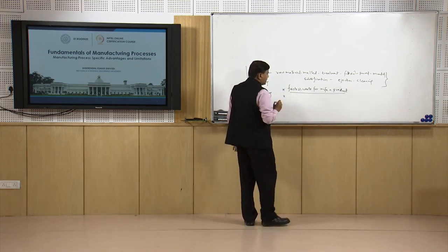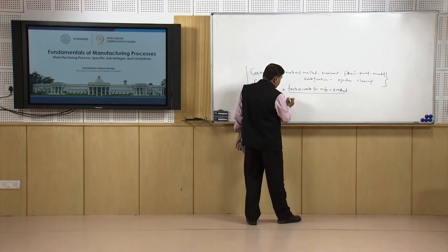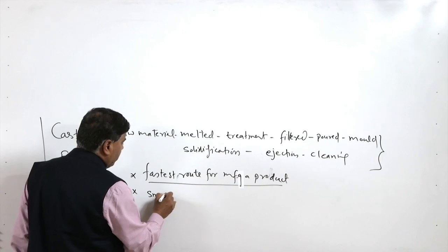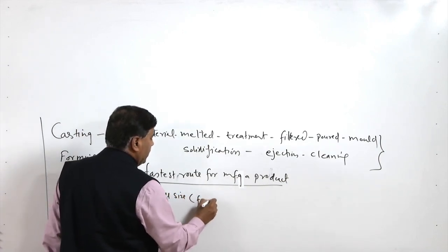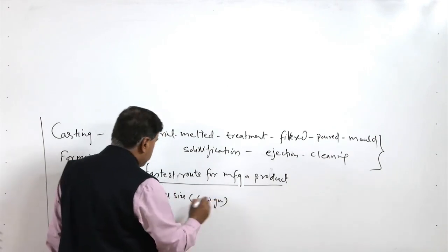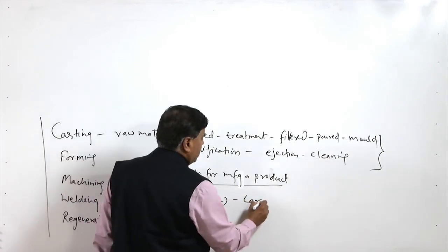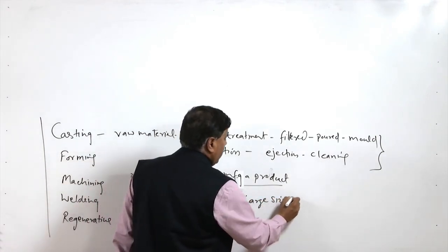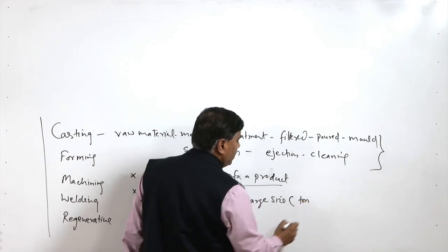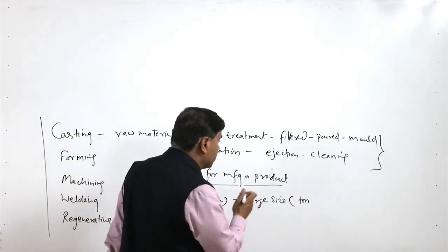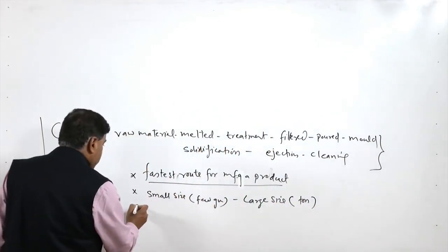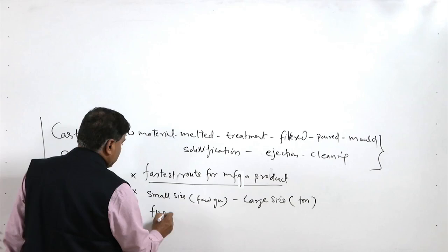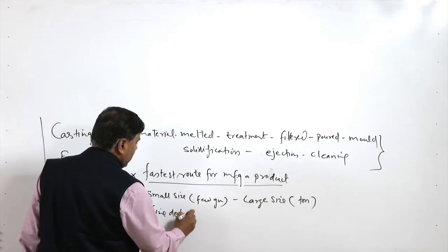Casting can be used for making products of very small size, maybe a few grams, to very large size, maybe a few tons, like 100 ton or 200 ton castings are also made, and very fine details can also be achieved.